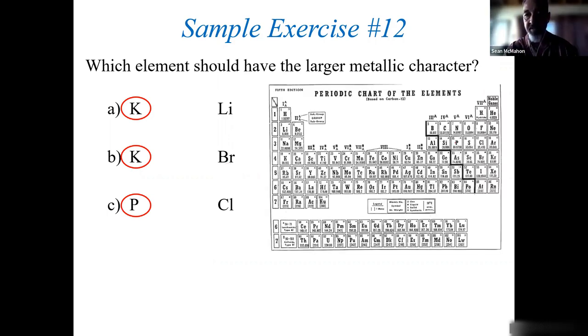So I have phosphorus, chlorine. Oh yeah, this is more metallic. Chlorine has a higher ionization energy. It's more of a non-metal, it's closer. So it doesn't want to lose electrons. Phosphorus is closer to the metal, so it's more metallic. It's a bigger atom. It's easier to remove the electrons, so that is right.